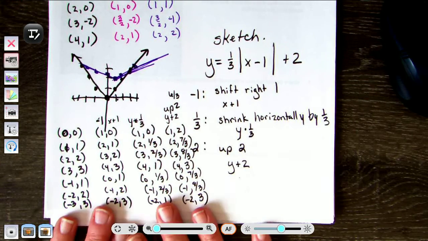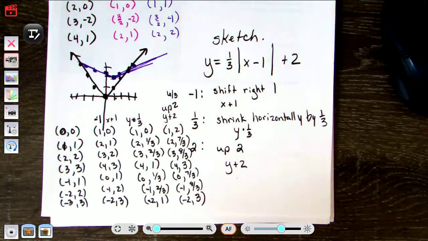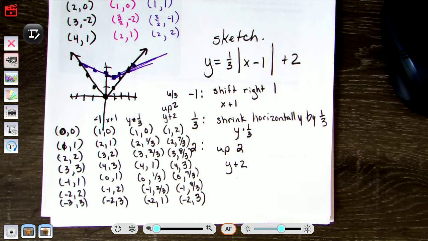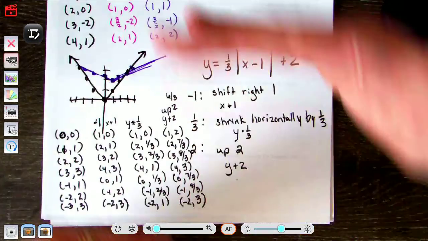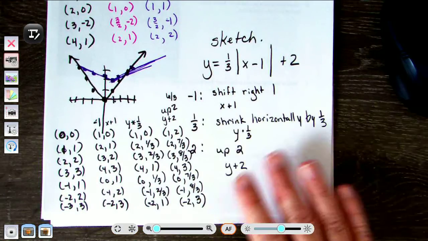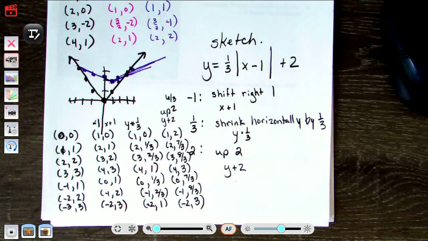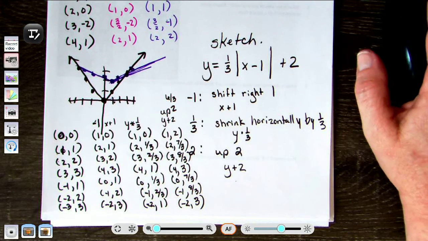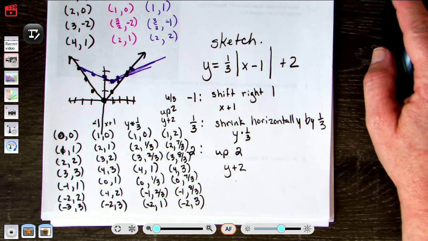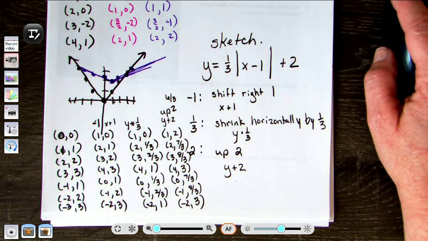Again, I prefer the points idea because it keeps everything crystal clear to me, but some people are more visual, so they want to see the shift to the right, the smushing of the graph, then physically moving it up 2 units. So I do have one more video in this unit in section 2.6 that's going to discuss even and odd functions.